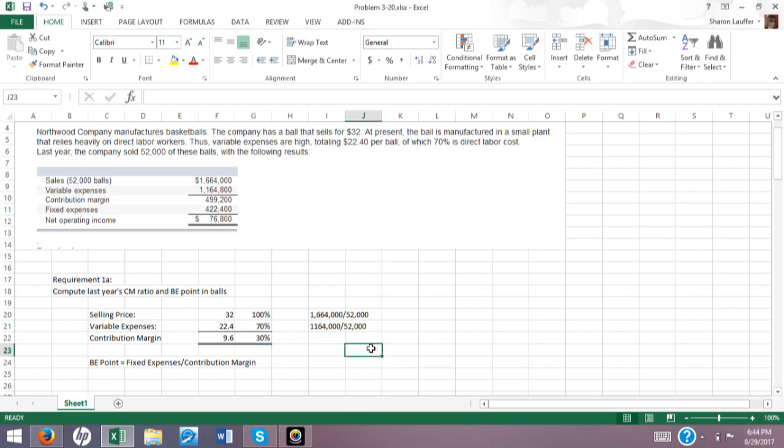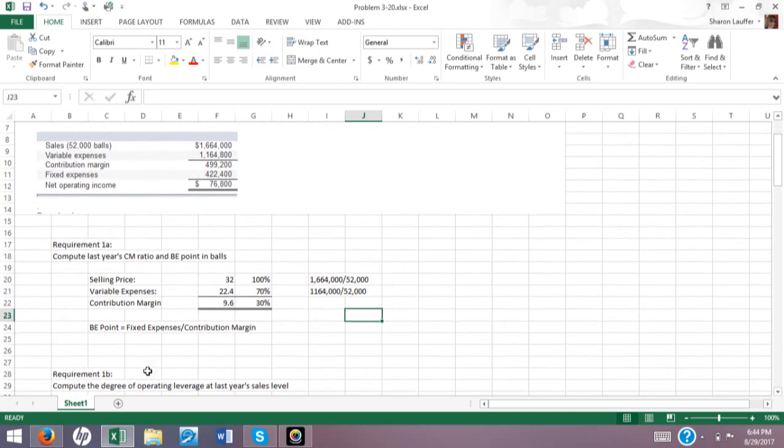All right, so now that I finally made it through that, we can calculate our break-even point, and I put the formula here. Our break-even point is fixed expenses divided by contribution margin. We can actually do this in a formula in Excel. So you put equals, and our fixed expenses are up here, $422,400.